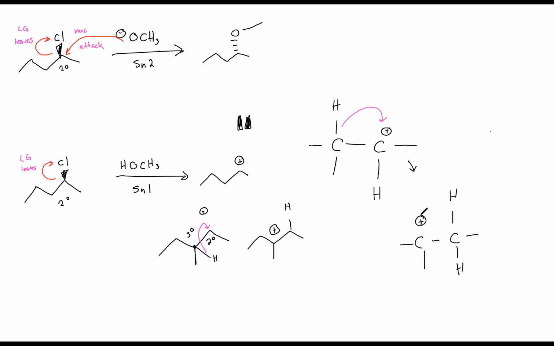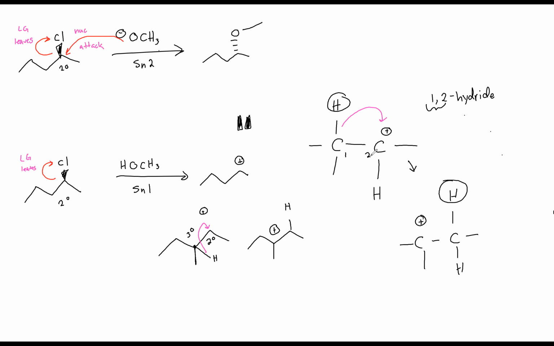This is a hydride shift because we're moving a hydrogen. Most of the time we'll have a hydride shift. Everybody calls this a 1-2 hydride shift because the 1-2 represents the carbons being right next to each other, where we're moving from carbon 1 to carbon 2.